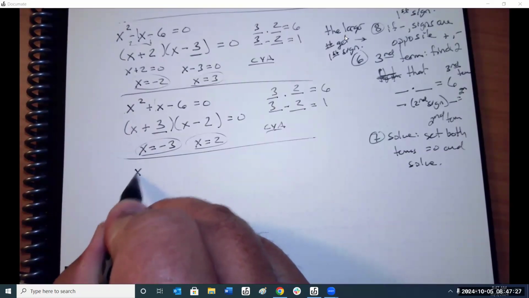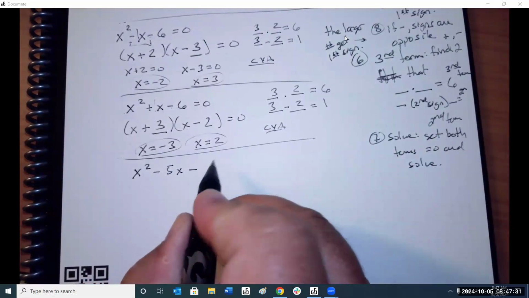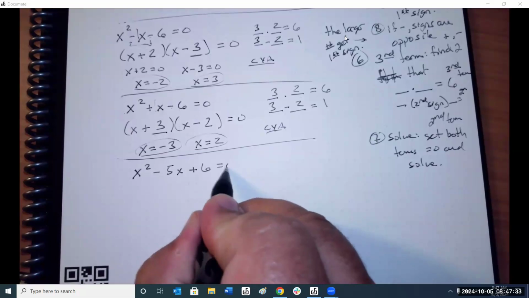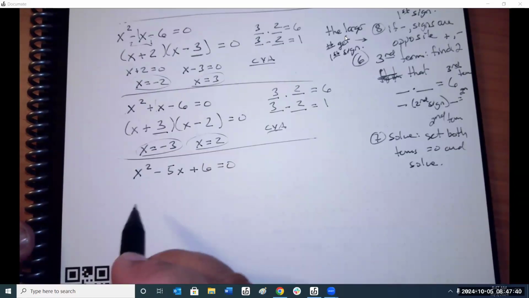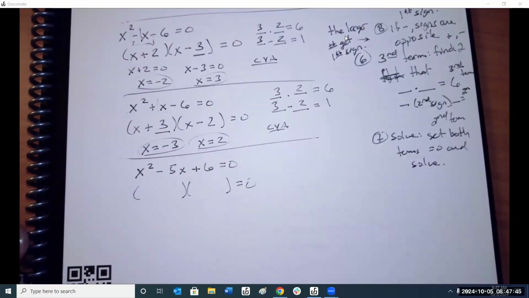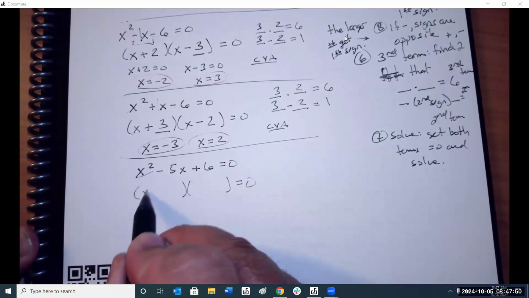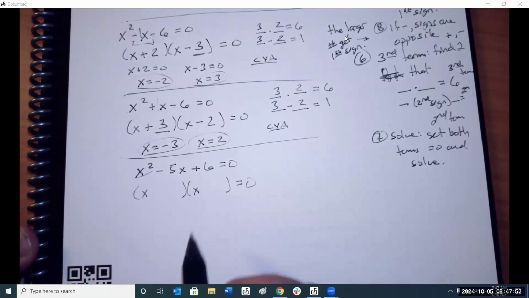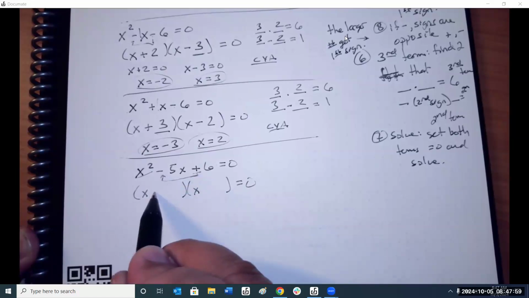And the last example, x squared minus 5x plus 6 equals 0. We have to make sure it equals 0. The leading term is 1. So now I can factor. What makes up x squared? X times x. The second sign is positive, which means they're both the same sign. They're both negatives.